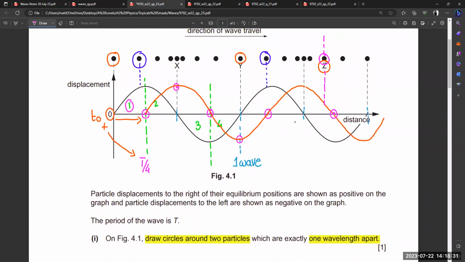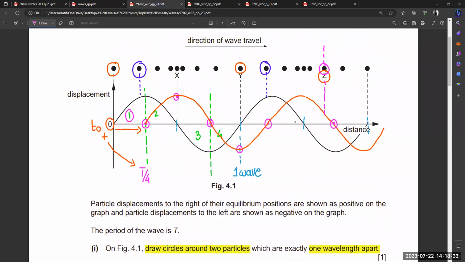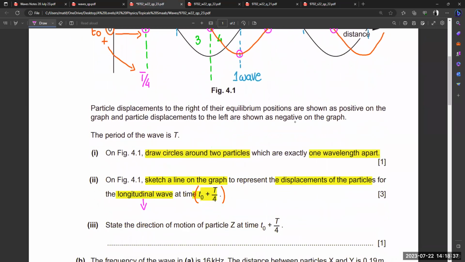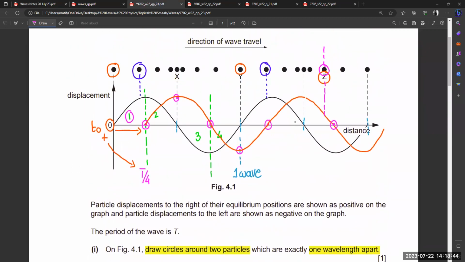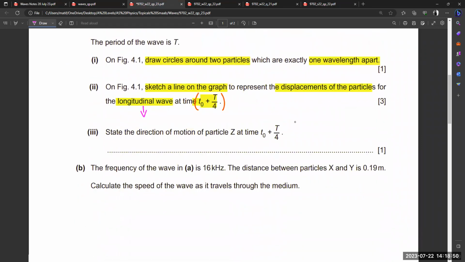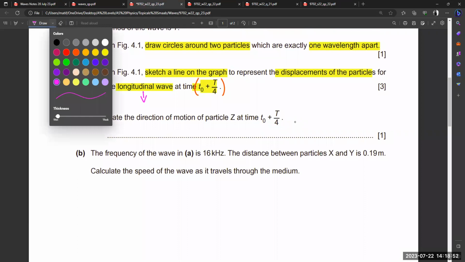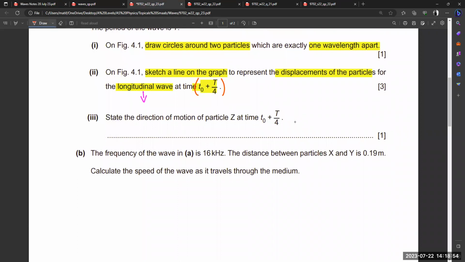Forward or backward? Forward, because we are talking about a longitudinal wave, and the red wave is also progressive, and we simply observe that the direction of the wave is also in the forward direction. So this red line will also move towards the right-hand side. So the answer of this question is very simple: to the right.